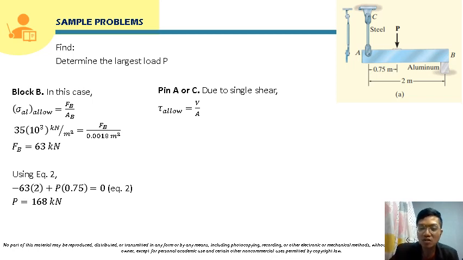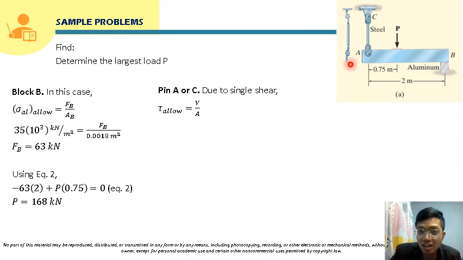As you can see here, the connection for the pins, how it connects this member AB and this rod, this will just have a single shear, right? Since the shearing will just happen in between. This is the member AB, here at the left part, and this at the right part is the steel rod.